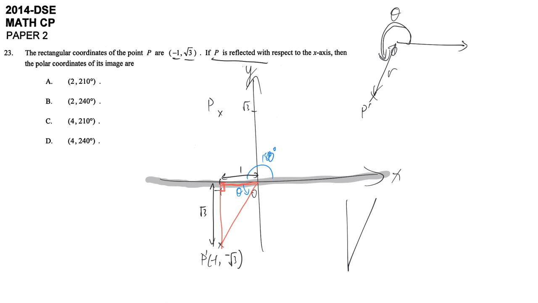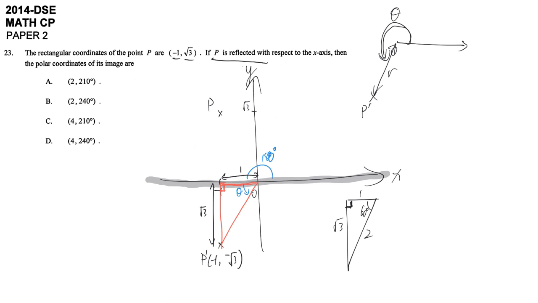So this is a right angle triangle with sides 1 and square root 3. You need to find out what this angle is. You may use opposite, adjacent, you may use the tangent ratio. But if you remember the special angle triangle, you know this is 1 to 2 to square root 3, then this is 60 degrees.